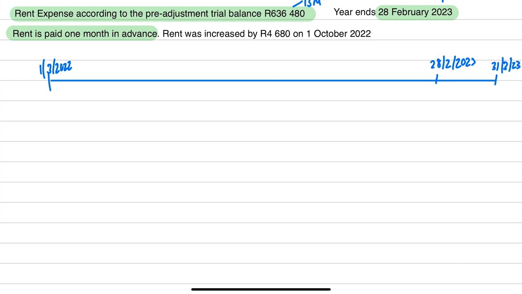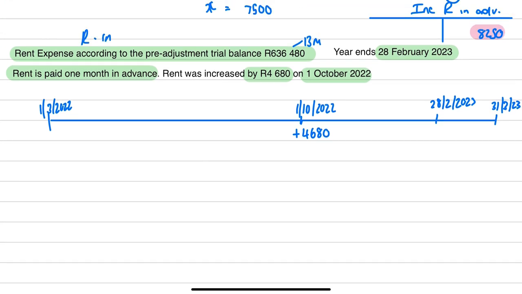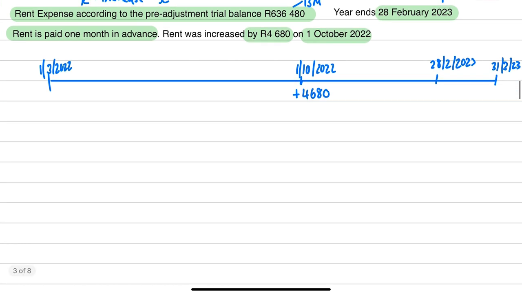So they say to us that rent was increased by a rand amount of 4,680 on the 1st of October. So on the 1st of October, I plot that date. There it was increased with 4,680. Because this is a rand amount increase, we're going to use X as the amount of rent we paid before any increase took place.